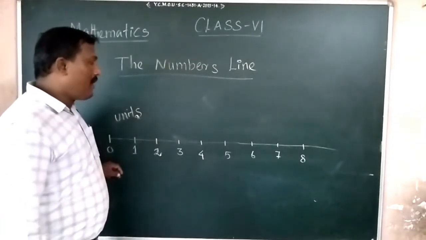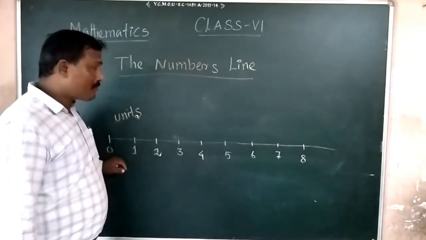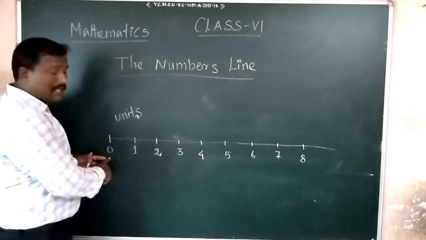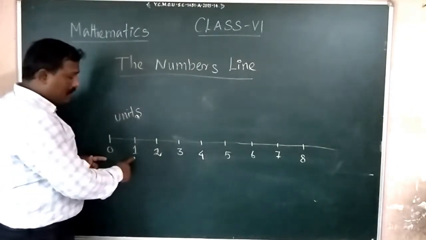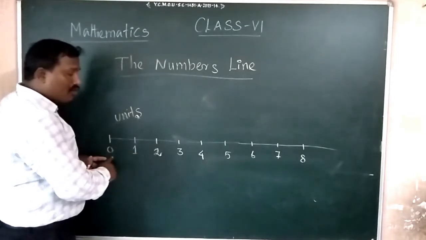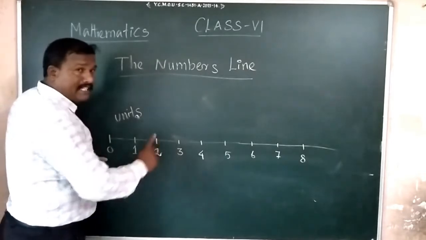So in this number line we want to understand some important things. Suppose you take the number 0. On the right side, after 1 unit there is 1. After 2 units, the number 2. After 3 units, the number 3.